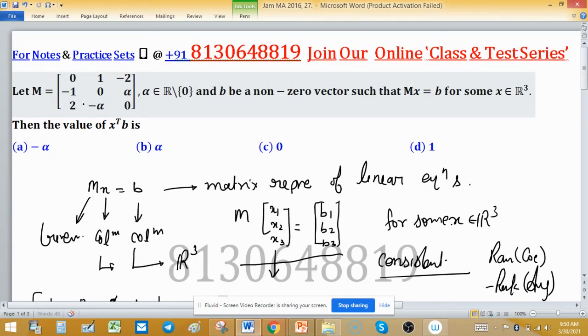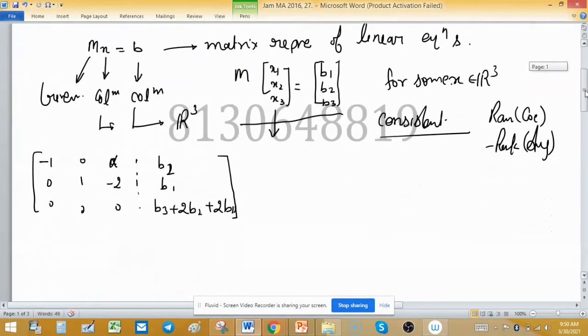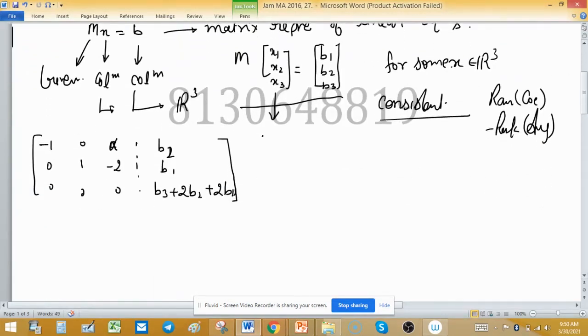So what row operation did I apply? First, replace the second row by the first row. Means this -1 should come in first to make the first non-zero leading entry, and then make 0 under that leading entry. This is the procedure. So after applying row operations, you will get this matrix.